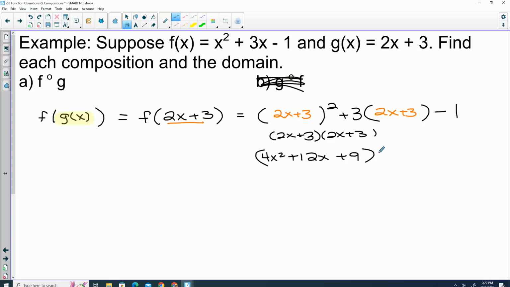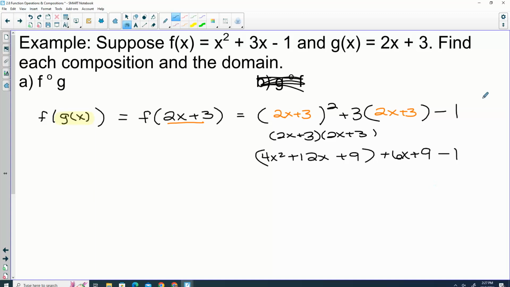The next parenthesis, if we distribute the 3, we get 6x plus 9. And then we have our minus 1 on it. Is everybody with me to this point?